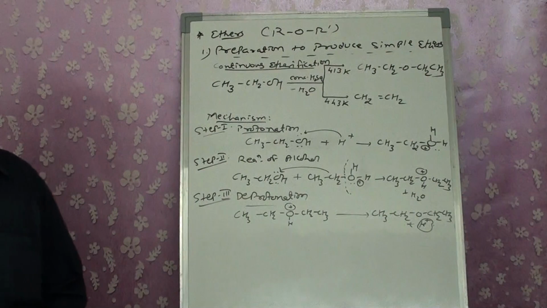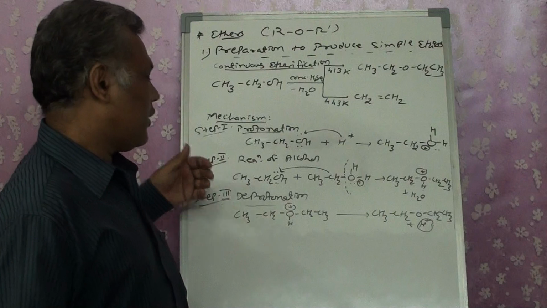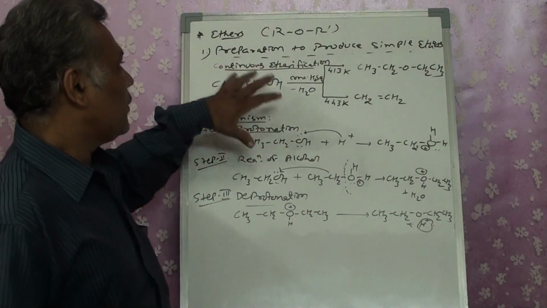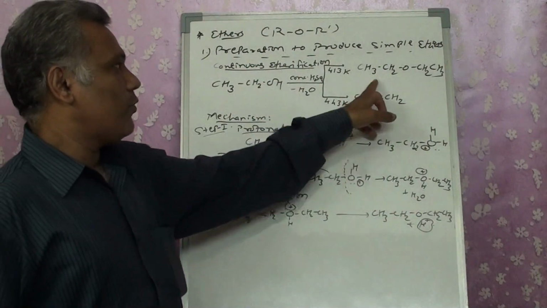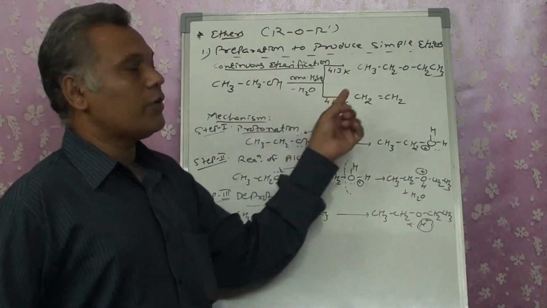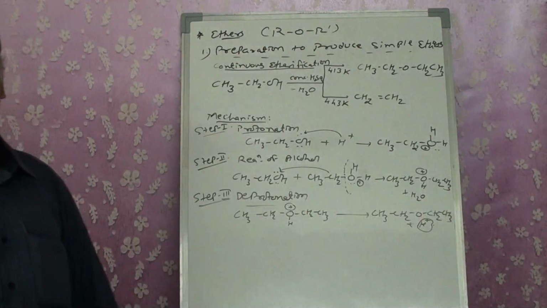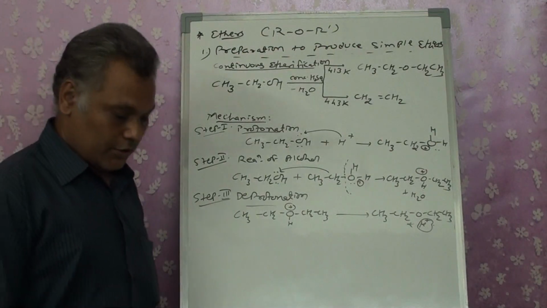That is the deprotonation, right? So protonation, reaction of alcohol, and then deprotonation. By this method we always get a simple ether because two molecules of the same component are used for the reaction. So this particular method is used for preparation of simple ethers.